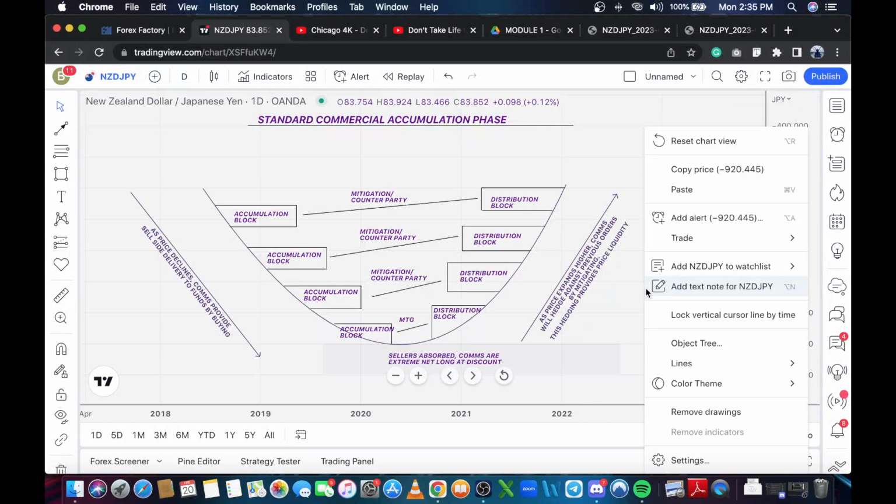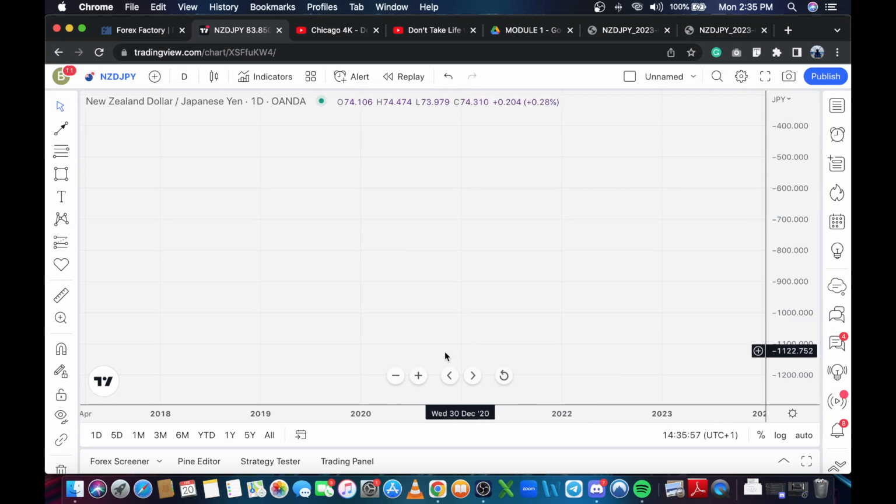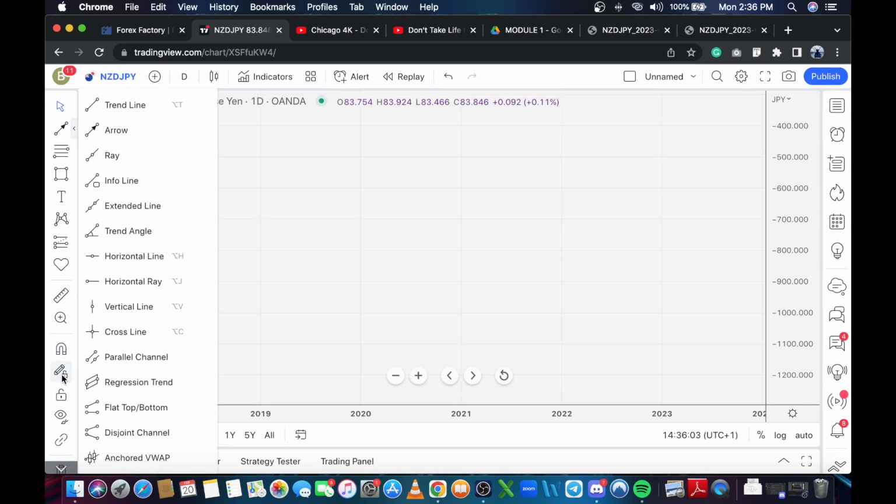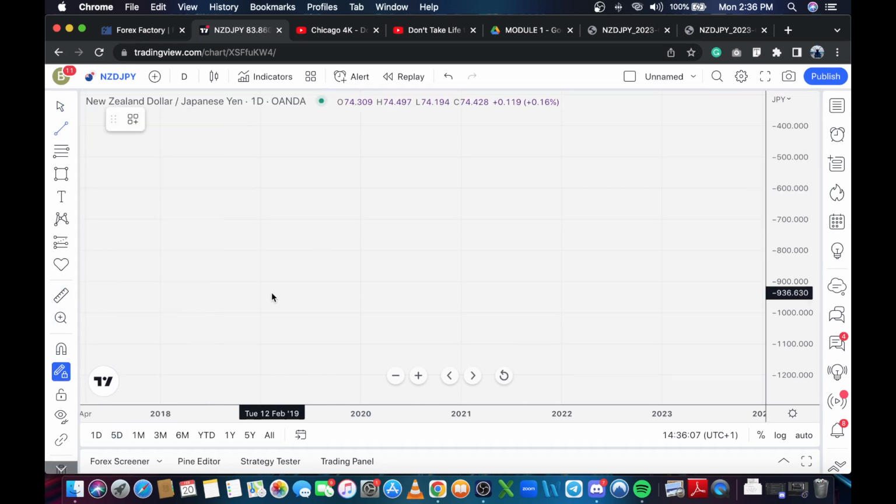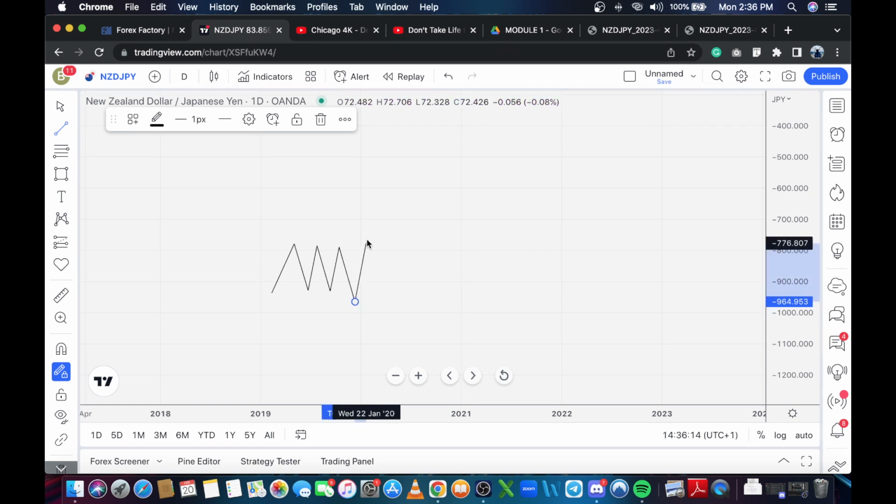So I'm going to clear all of this up and we're going to do some annotations. This is going to be a very crude diagram of what I'm trying to explain today. We have a liquidity base here when the market is not expanding, or what you like to call trending.